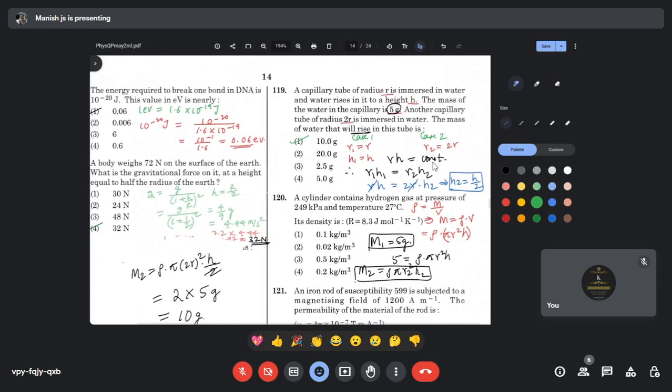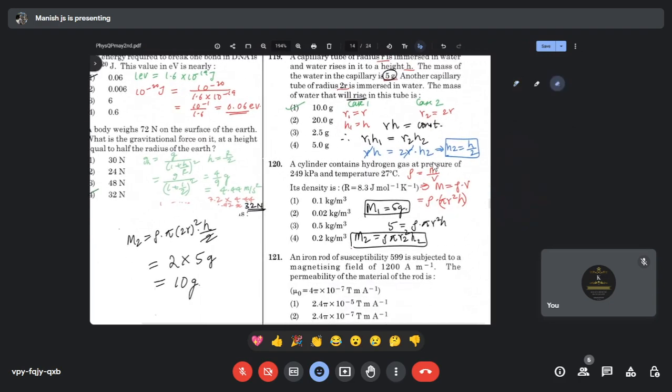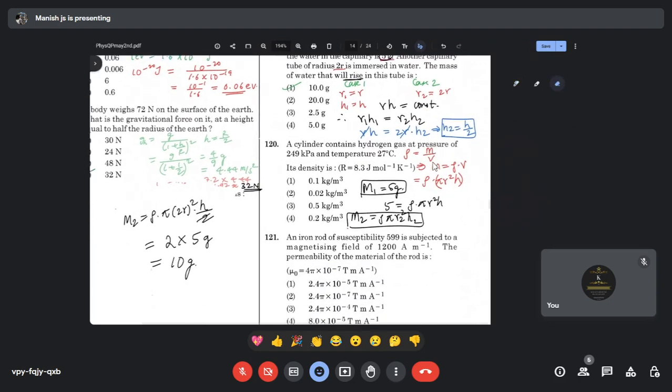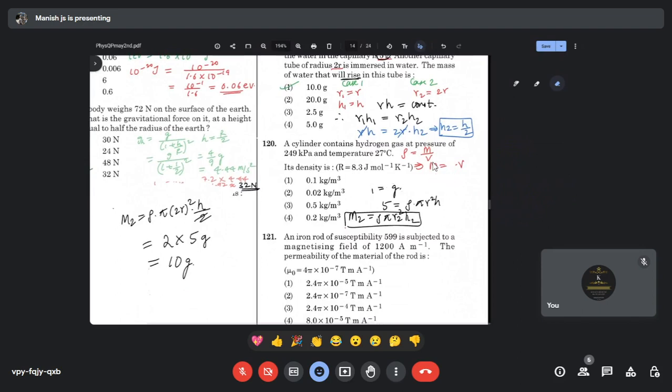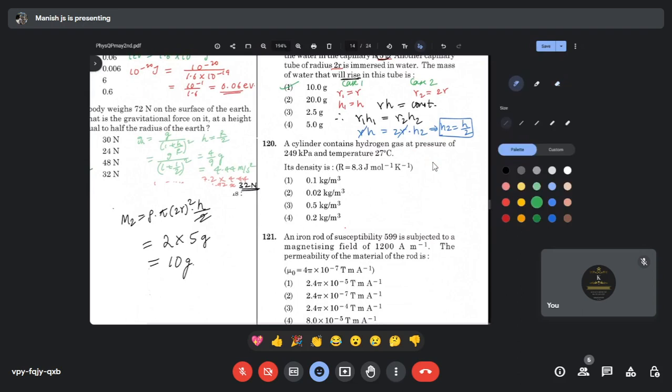Okay, so we'll move on to the next part. I'll just erase this. Now moving on to the next question. Question number 120. The cylinder contains hydrogen gas at a pressure of 249 kilopascal and a temperature of 29 degrees Celsius.